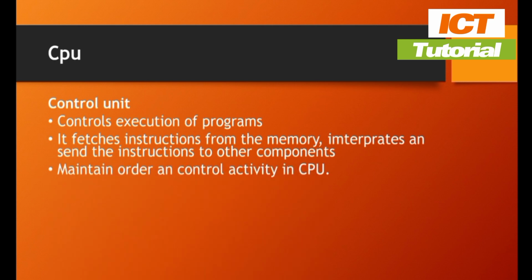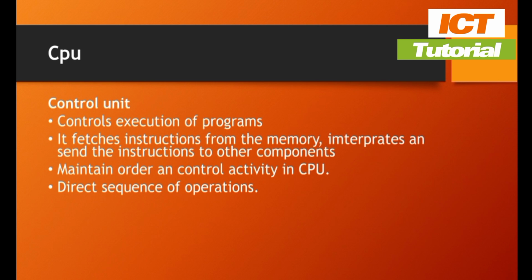Remember, you might be asked to describe the function of the control unit in the central processing unit. It maintains order and control of all the activities happening in the CPU, and directs the sequence of operations.